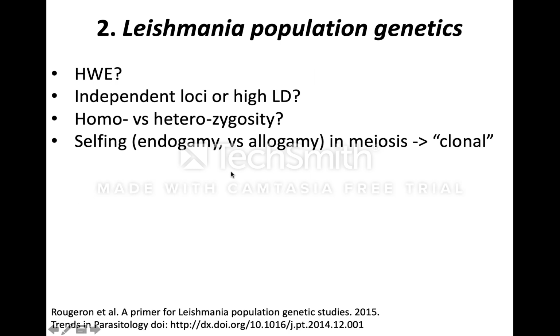So in terms of designing studies, I recommend reading this paper by Rougeron et al. on Leishmania PopGen. So considerations are important for Leishmania. Does it obey Hardy-Weinberg equilibrium? Clearly, it's somewhat complex, so we have to ask ourselves that question, particularly for a sample collection that we're looking at.